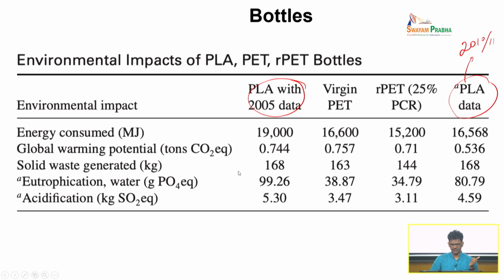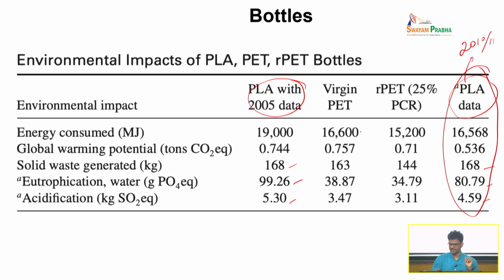Solid waste generated doesn't change, while water eutrophication and acidification both show some drop. So maybe we should look at this data if you got a new batch of PLA for making your bottle. If you still have an inventory of PLA resins made in 2005, then you should look at the older data. That's the way to look at it.